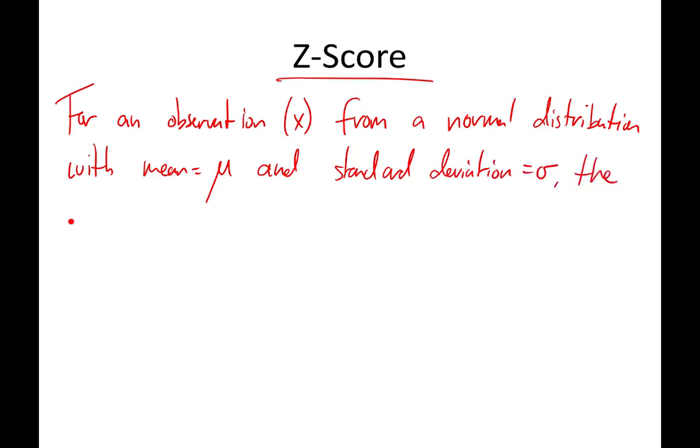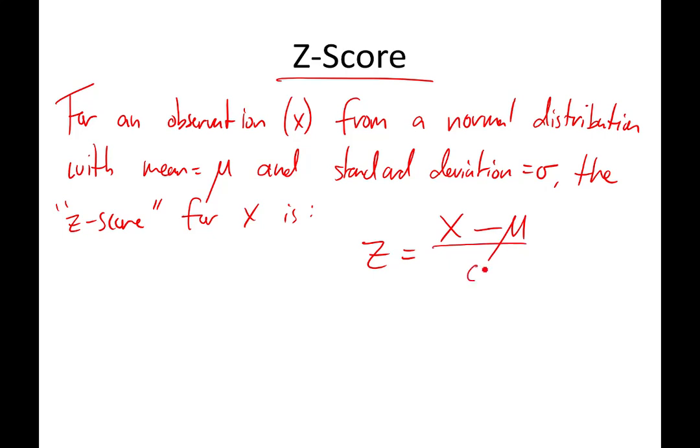Then we call it the z-score for x. It's given by the formula: z is equal to the observation minus the mean, divided by the standard deviation.